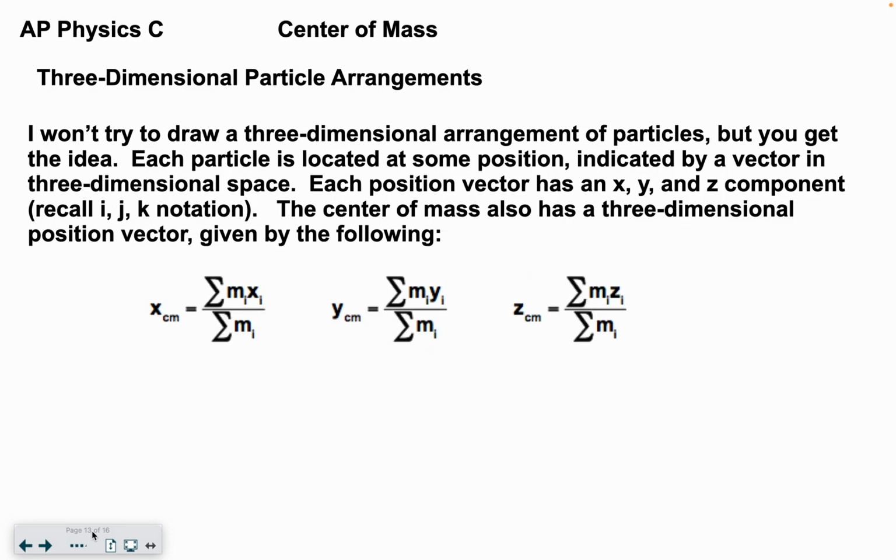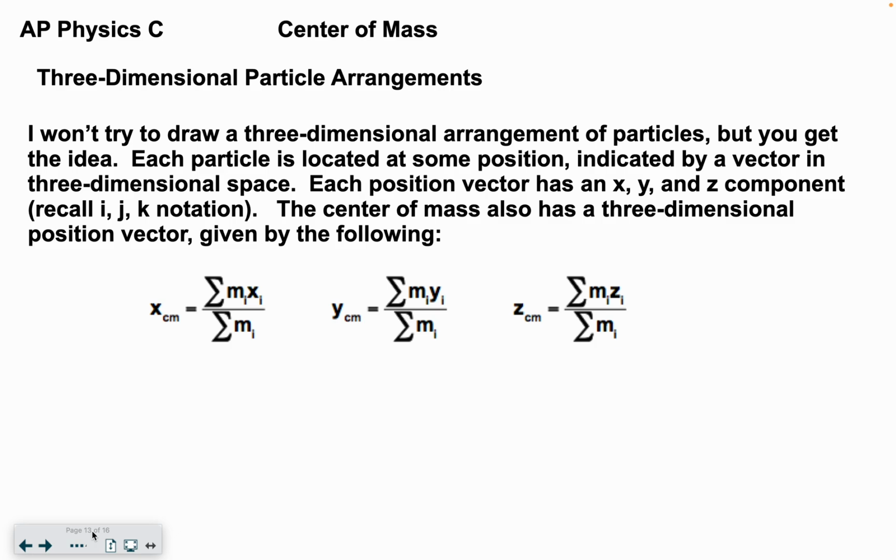Now, I won't try to draw a three-dimensional arrangement of particles, but you can get the idea, realizing that each particle in the system would have an x, a y, and a z component. They would be typically indicated with ijk notation that we are familiar with. The location of the center of mass has a three-dimensional position vector given by the following. The formulas look exactly the same.